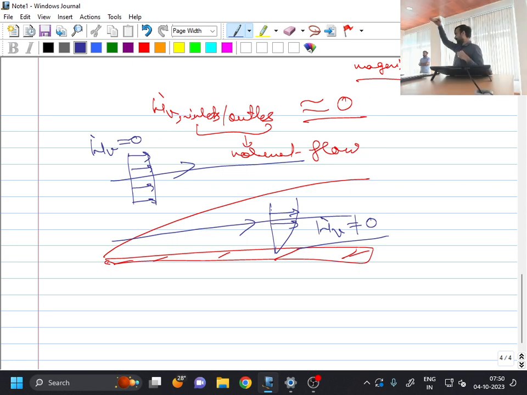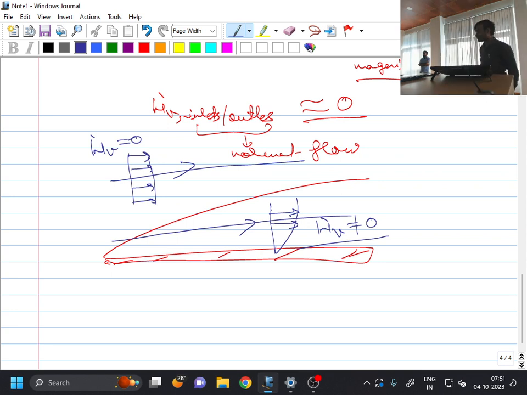An aeroplane is moving, so the influence of the aeroplane can be felt up to a certain distance towards the ground. But if you go exactly to the surface of the ground and the aeroplane is going at, say, a few thousand meters above the surface, you will not feel the effect of that flow. A similar situation. Point is clear?